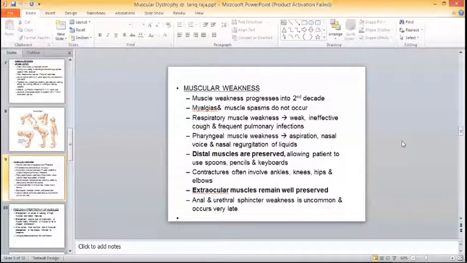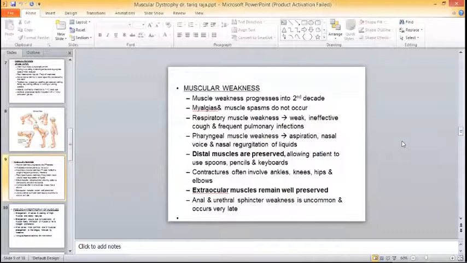Again, as I said earlier, in the myopathy part the distal movements and the distal part of the muscles are usually preserved. So these patients are able to perform functions with spoons, with pencils, and they can use the keyboard and the things which involve mainly the distal parts, that is the finger part of your body.